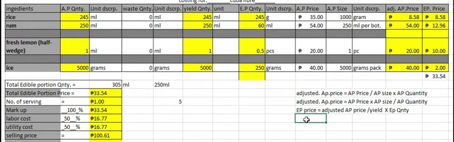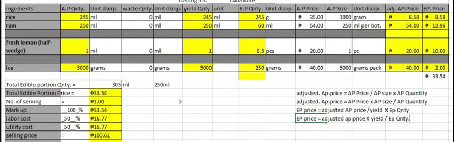Or it could also be the same in this case: the AP price is the answer after the adjusted price, and then multiply with your yield, and then divide with your AP quantity. Yes, Ma'am Ruth, okay.